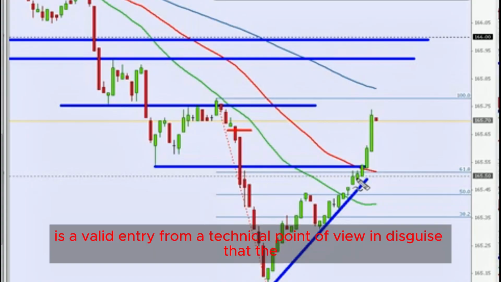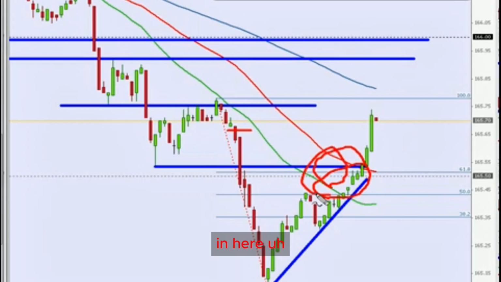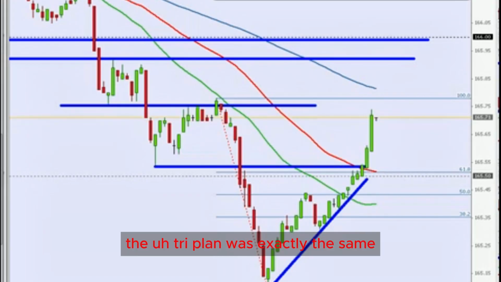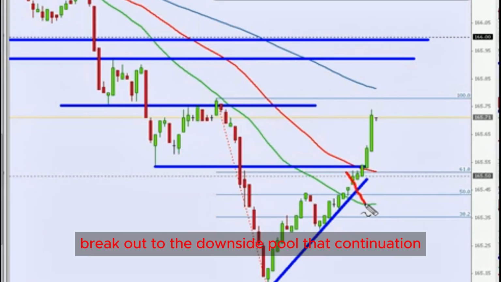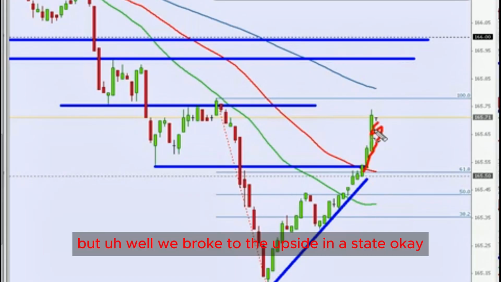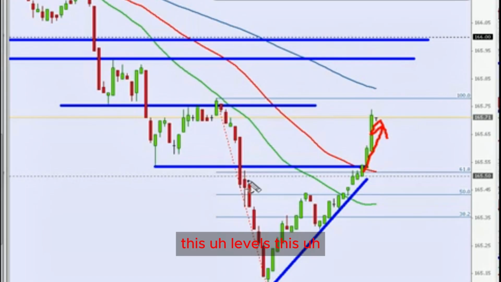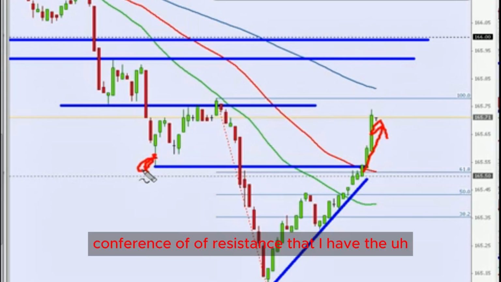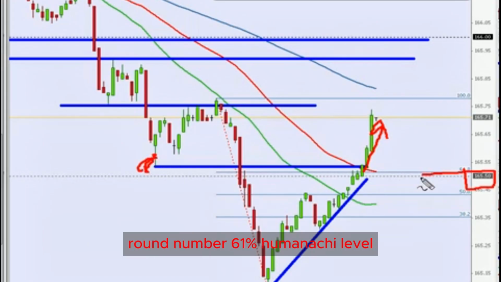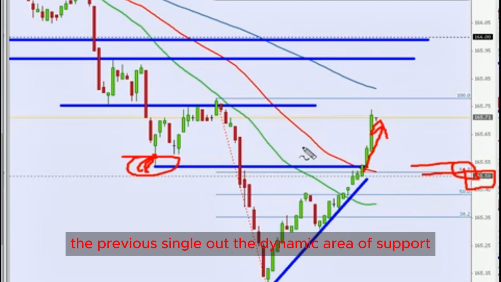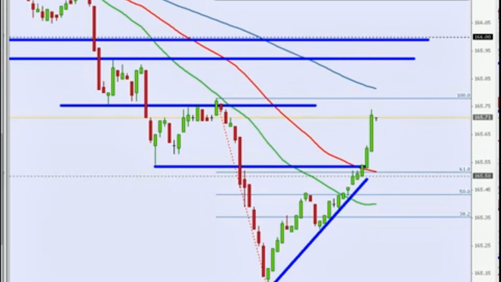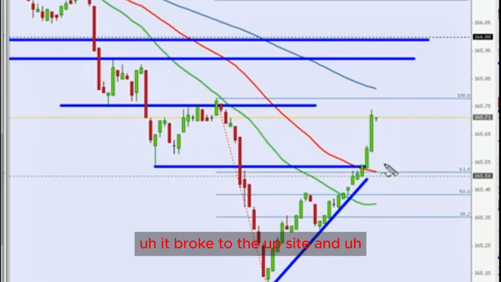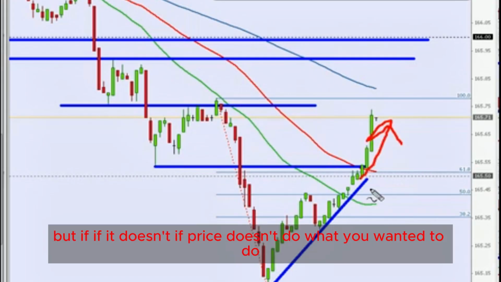In this case, the trade plan was exactly the same. Breakout to the downside, pullback, continuation. But we broke to the upside instead. These levels, this confluence of resistance that I had, the round number, 61% Fibonacci level, the previous swing low, the dynamic area of support, it broke to the upside, and that's the beauty of having a trade plan.